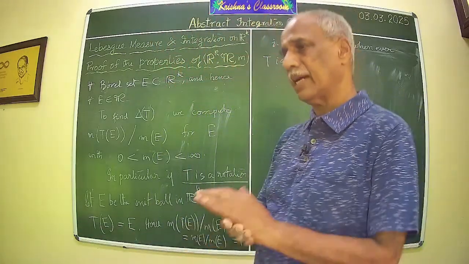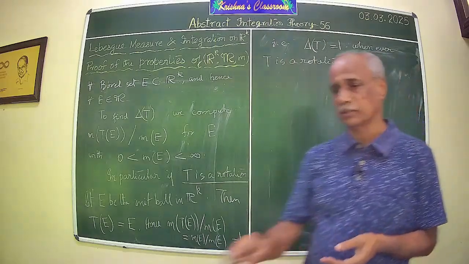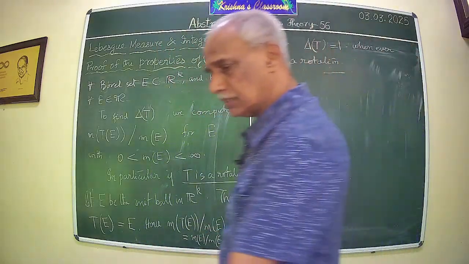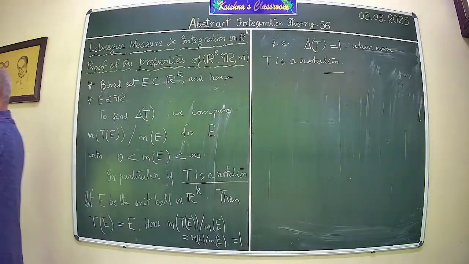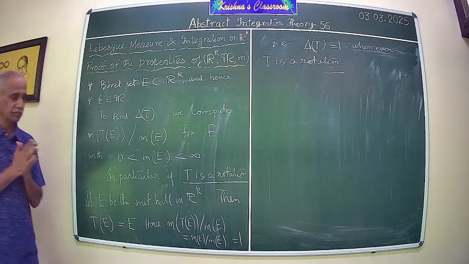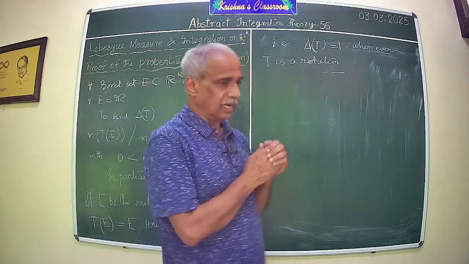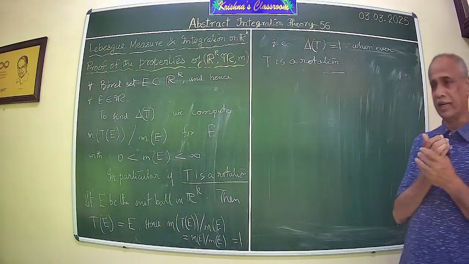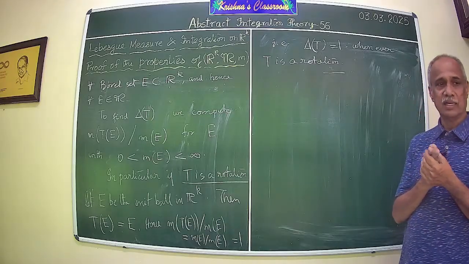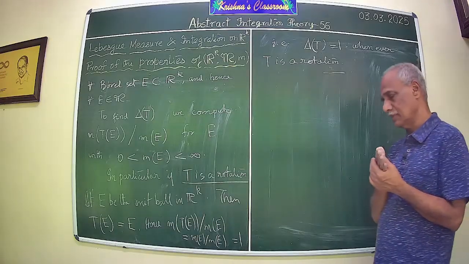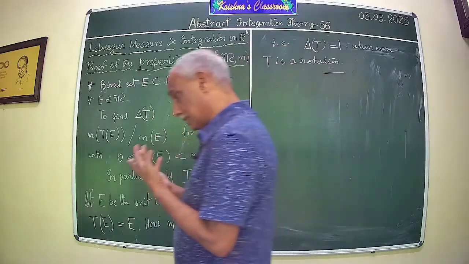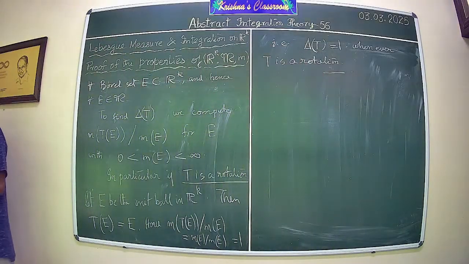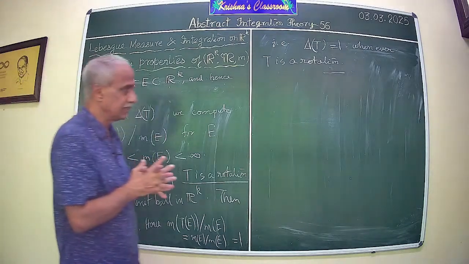So that actually completes the proof of all the results. We have successfully obtained the Lebesgue measure on Rk using the Riesz representation.